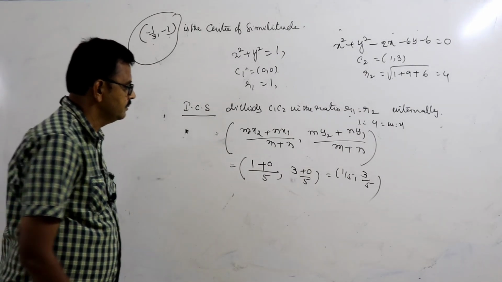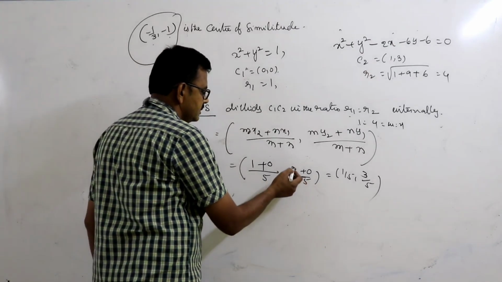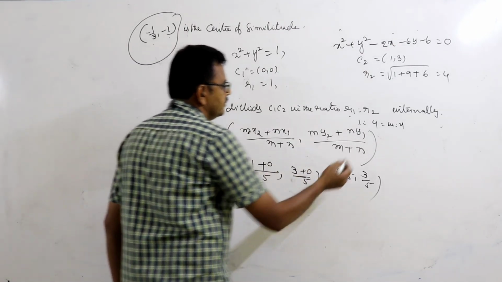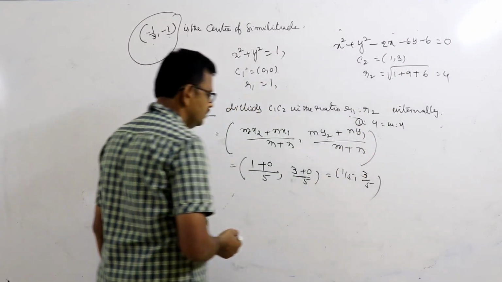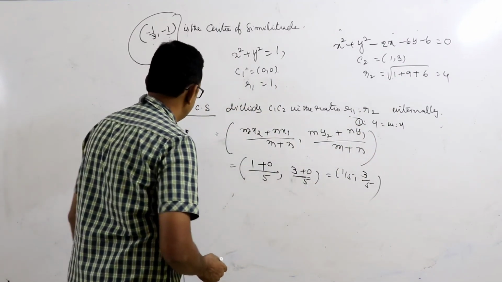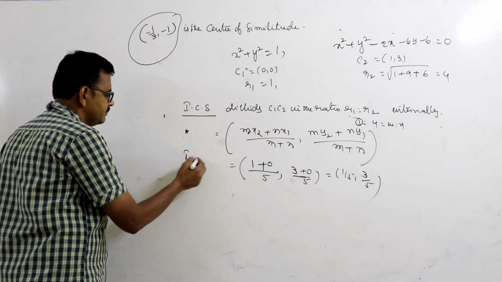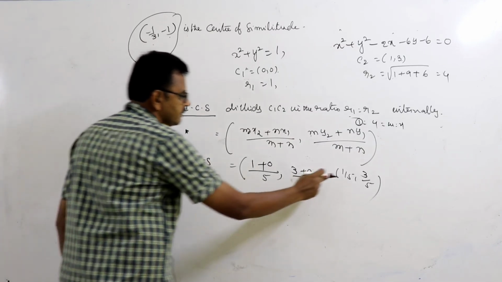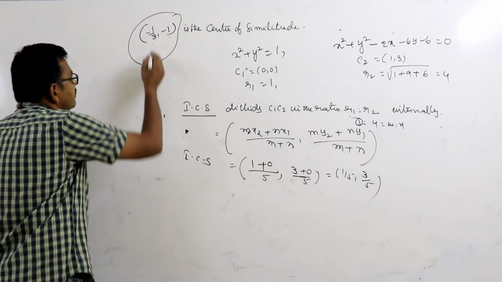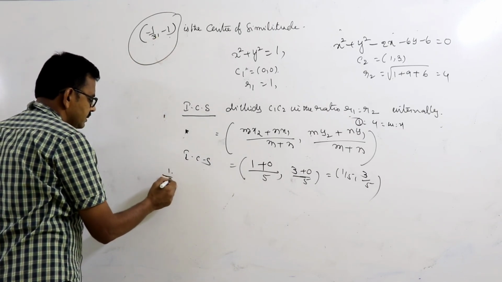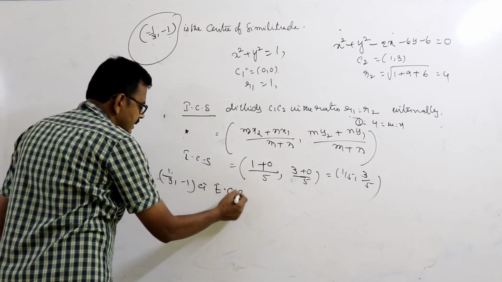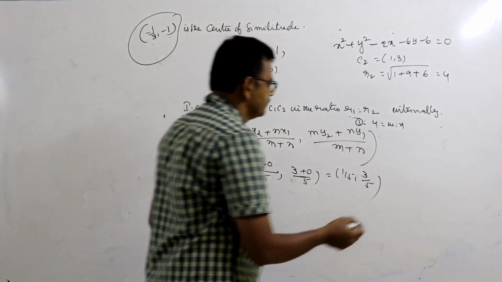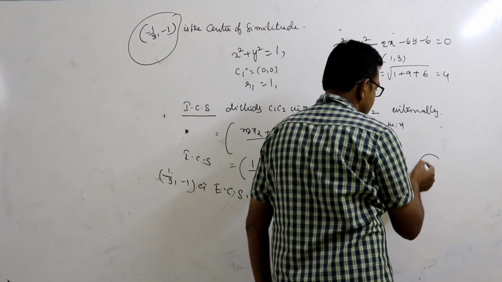Okay, now it is not 12, this is 3. m y2, m is 1, y2 is 3, 3 plus 0 by 5, so 1 by 5 comma 3 by 5. Therefore the internal center of similitude is this one, and the given point (minus 1 by 3, minus 1) is the external center of similitude.